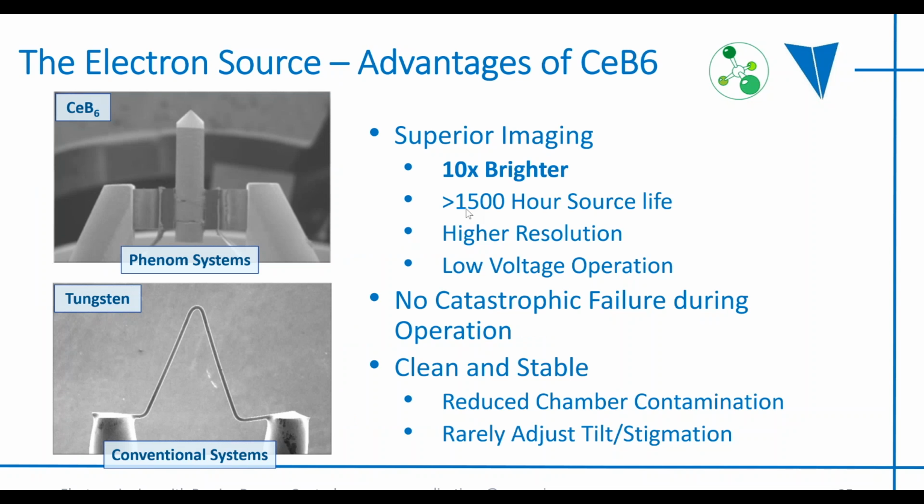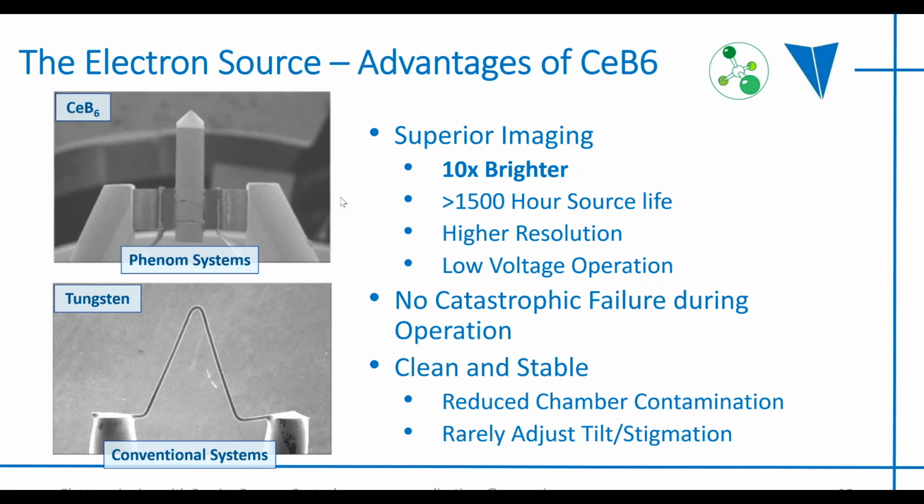All right, so the Phenom comes equipped with a cerium hexaboride source, which I mentioned on the previous slide. This is a pretty advanced source. It is offered as an upgrade on a lot of floor model systems, principally because the images that it produces are significantly better than tungsten hairpin emitters, like you see on the bottom portion of this slide.